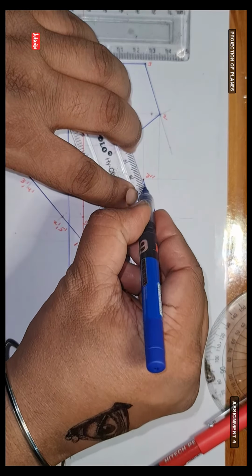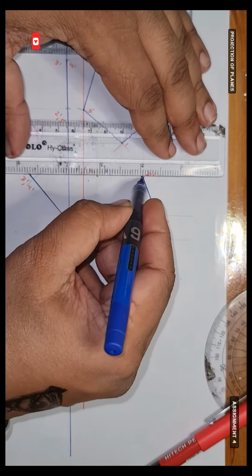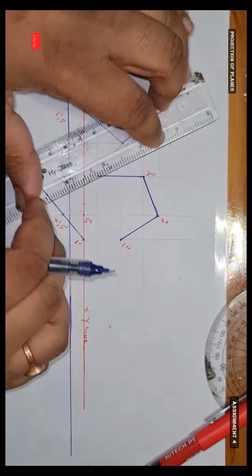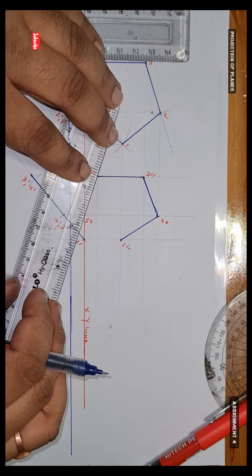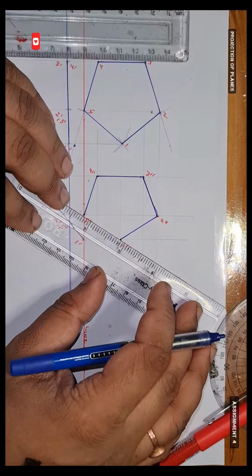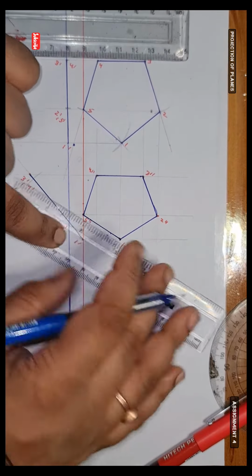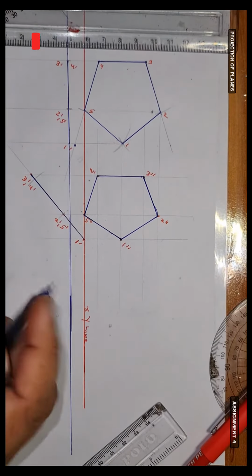The question is right, but a little bit more complex, because it is considering both conditions by keeping one corner in HP, another corner in VP. So you make sure you understand completely.